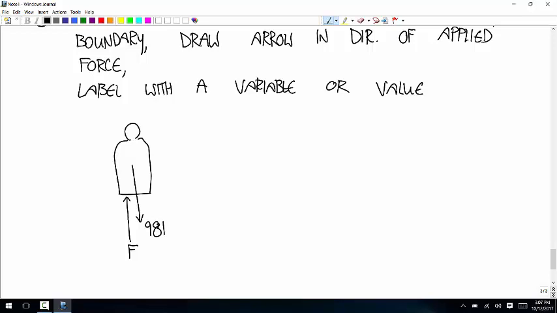Okay, so now, that's it for the free body diagram, but the next thing we have to figure out is, it says draw an arrow in the direction of the force that's applied, but so far we don't have any way to know what the directions of any of these forces are except gravity.